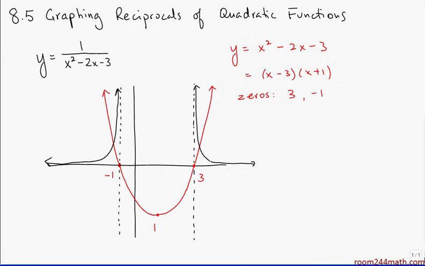It's got an x-value of 1, and we can take that x-value of 1 and plug it into x squared minus 2x minus 3, or plug it into the factored form, whichever way you want to do it. If you plug it in up here, you get 1 squared minus 2 minus 3, or alternatively you get 1 minus 3 times 1 plus 1, and either way you get -4. So the y value of the vertex is -4.